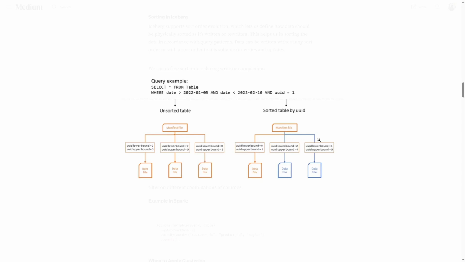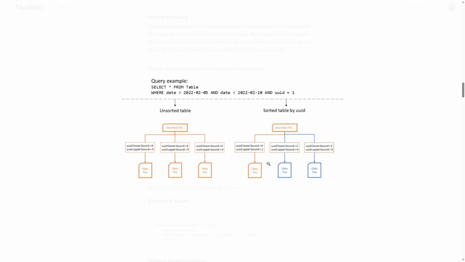But if we sort the data, then 0 to 1 goes into this file, 2 to 4 goes into this, and 5 to 9 into the other. It is not an even distribution, because this has two records, this has three records, and this has 5, 6, 9, and 6 is missing altogether. But if we have sorted data, let's say we are trying to find UUID 1.